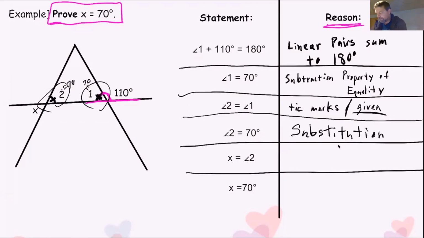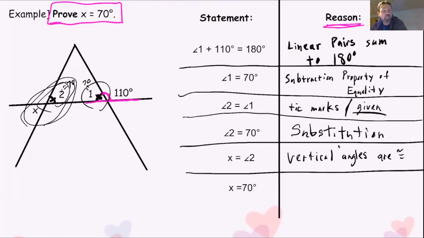All right. Next, I said that I happen to know angle x was equal to angle 2. So again, let's look over here. Why did I know those two were equal? Oh, because they were vertical angles. So let's write them. Vertical angles. In fact, more specific, I know vertical angles are congruent, so I can write that.